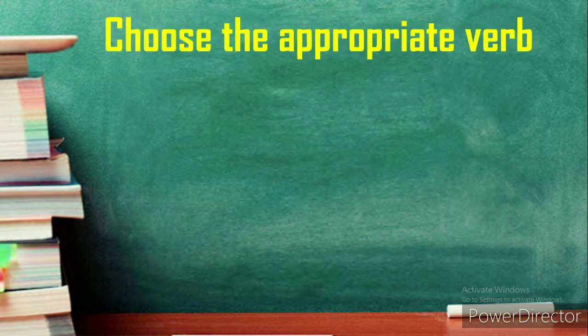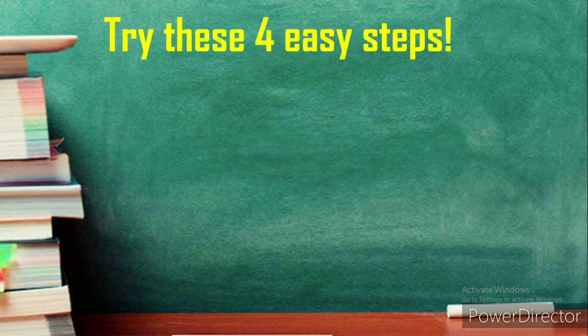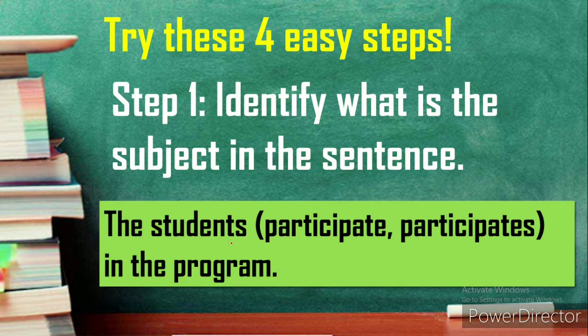Now I have here a sentence. I want you to choose the appropriate verb. The students participates in the program. Now I have here 4 easy steps. Let us try. Step 1. Identify what is the subject in the sentence.